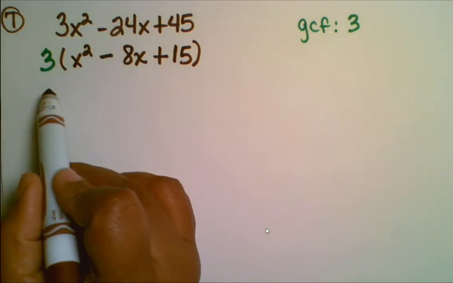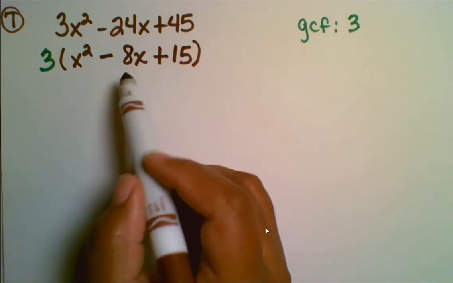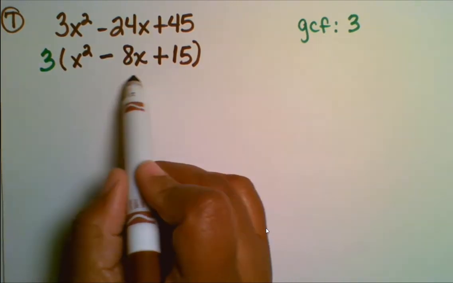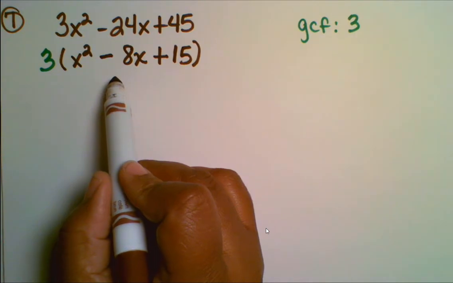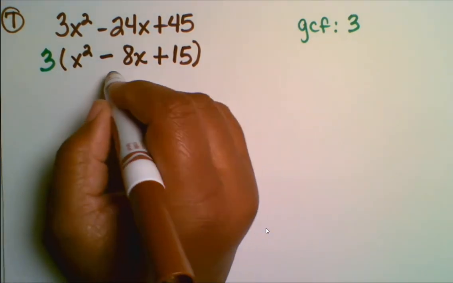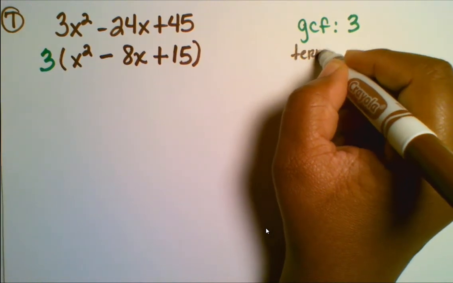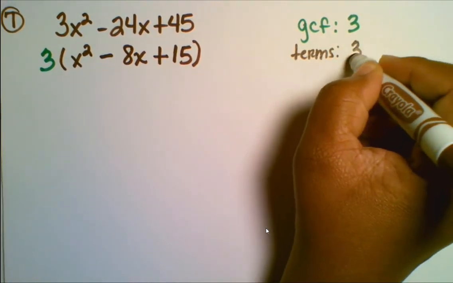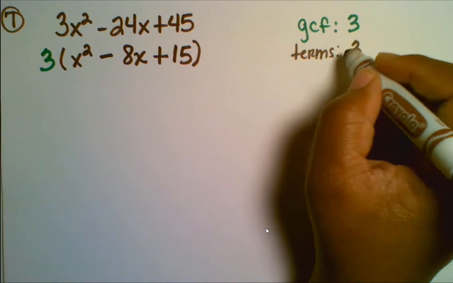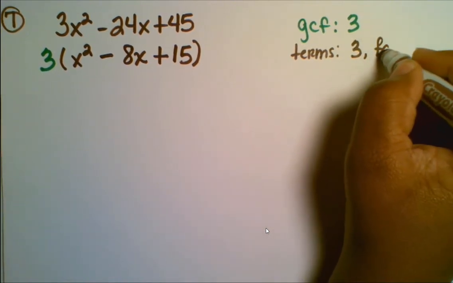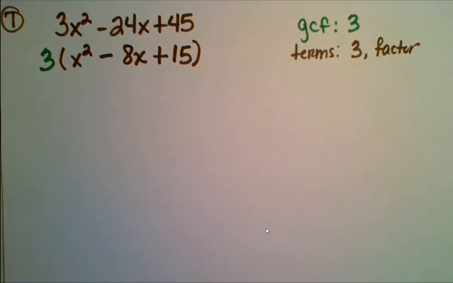So we were able to factor out a 3, but we're still responsible for factoring the trinomial. So now we're going to factor. We have the number of terms in that trinomial. We have 3. So yes, we will factor using our X method.